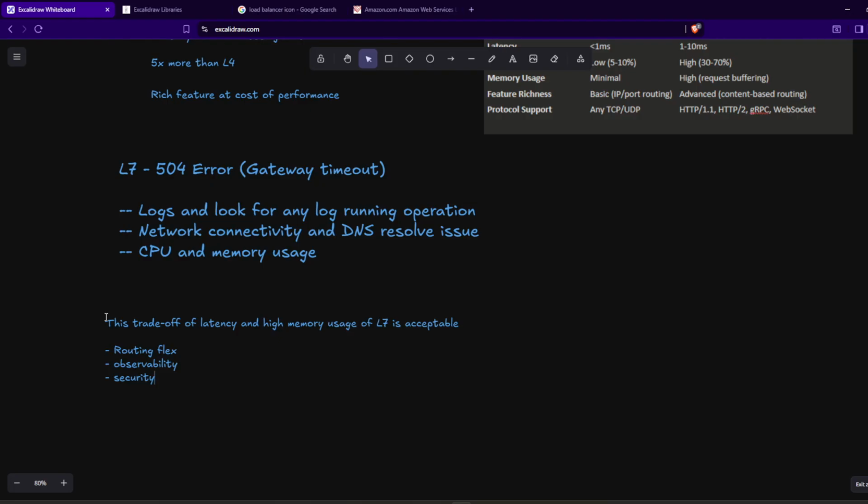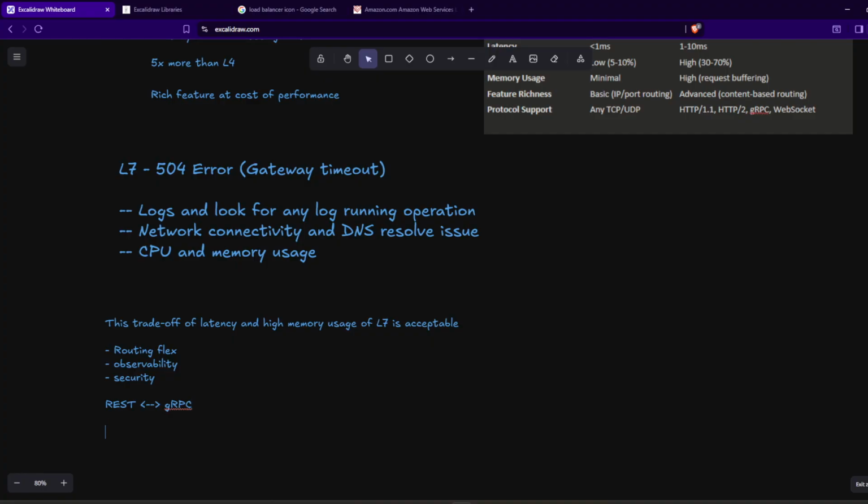L7 proxies also enable zero code changes for features like gRPC transcoding, which is a slightly advanced concept you can ignore, but in case we have a REST endpoint and we want to transcode it into gRPC, these are also great use cases of L7.